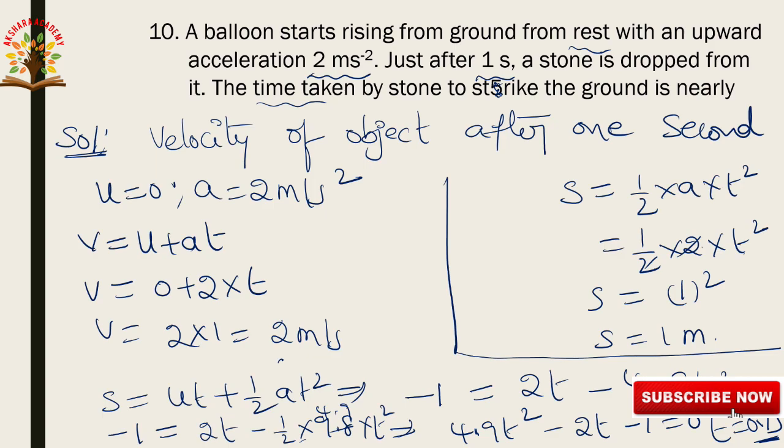So finally we are getting minus 1 is equal to 2t minus 4.9 into t square. This equation becomes 4.9 t square minus 2t minus 1 is equal to 0. For this we are finding the t value, 0.7 seconds. The time taken by the stone to strike the ground is nearly 0.7 seconds.